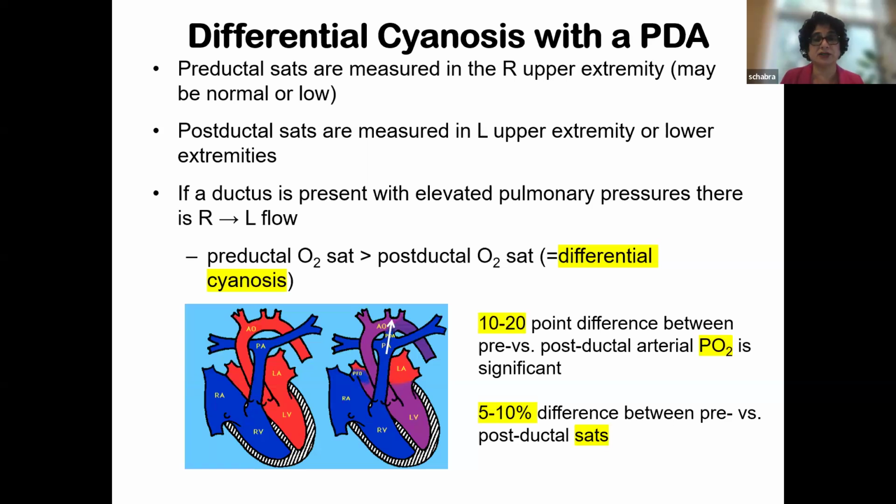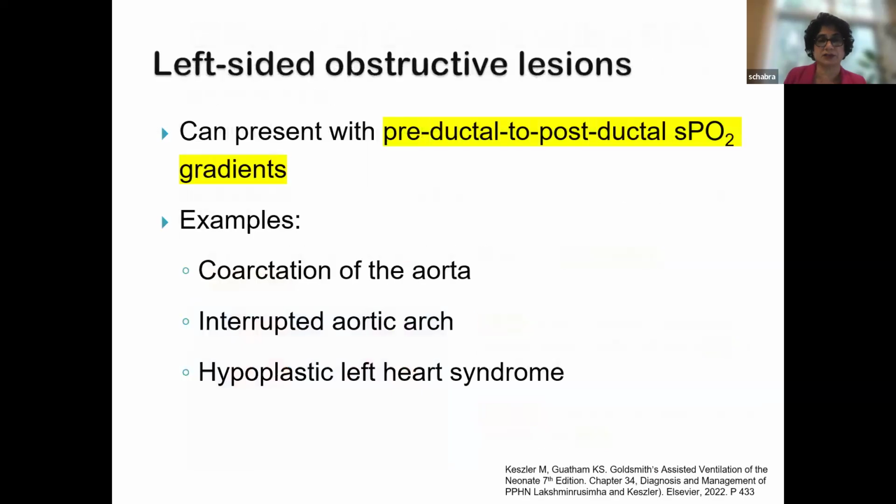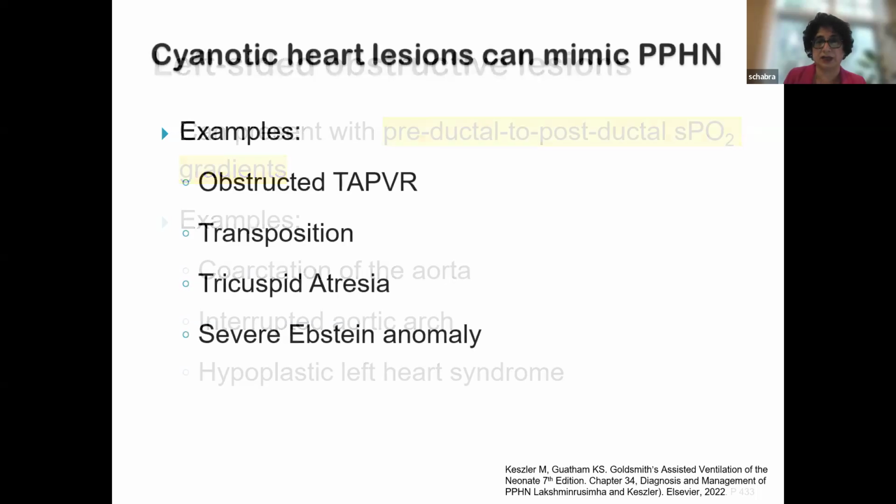And if there is a 10 to 20 point difference between the pre versus postductal arterial PO2, then it is significant for probable elevated pulmonary pressures, or if there is a 5 to 10% difference between pre and postductal saturations. This can also happen in left-sided obstructive lesions like coarctation of the aorta, interrupted aortic arch, and hypoplastic left heart syndrome, which you will pick up on the echo.